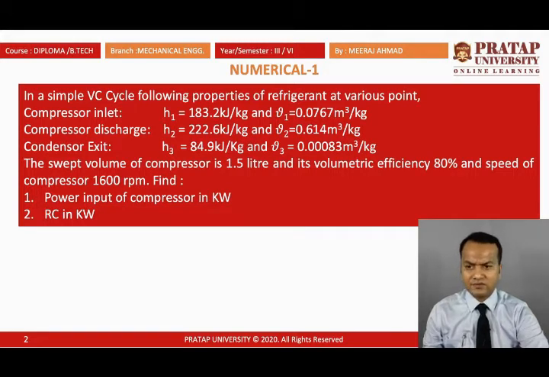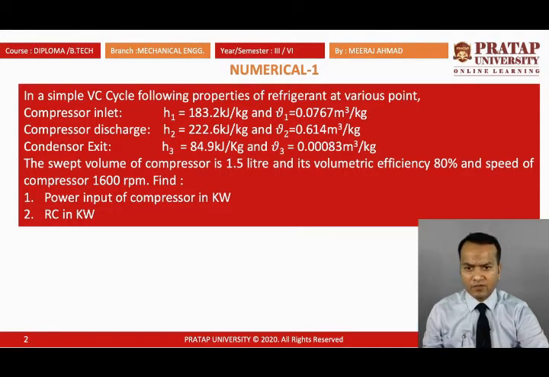At the condenser exit, the enthalpy at the outlet of the condenser is H3 equal to 84.9 kilojoule per kg, and specific volume V3 is equal to 0.00083 meter cube per kg.